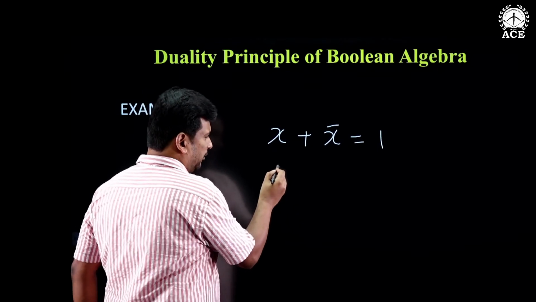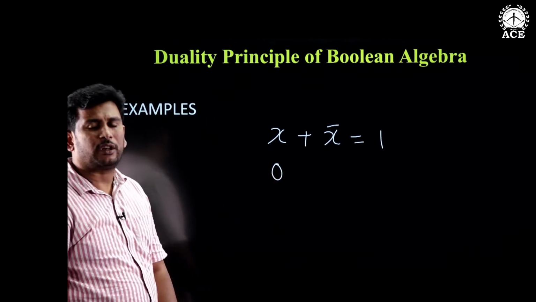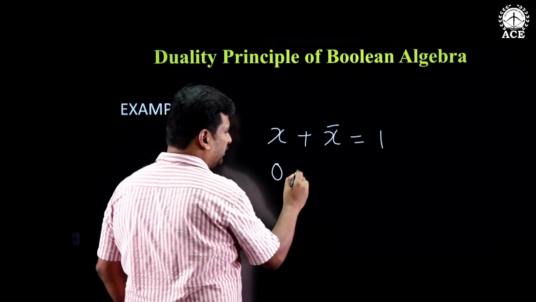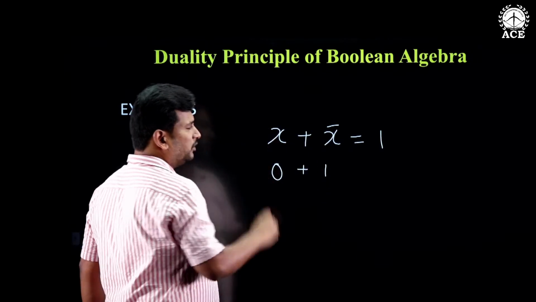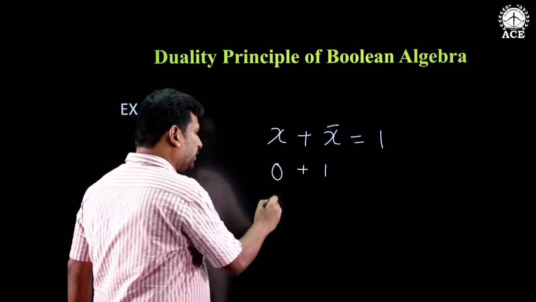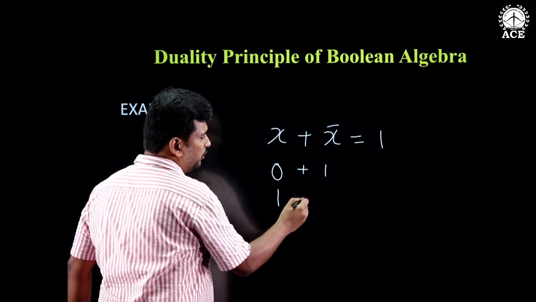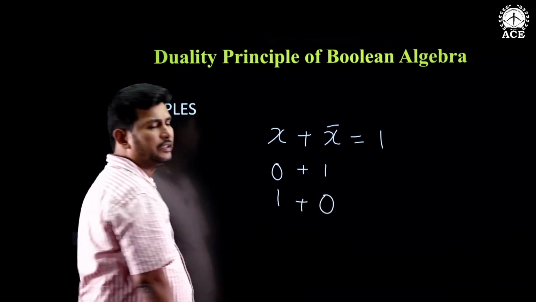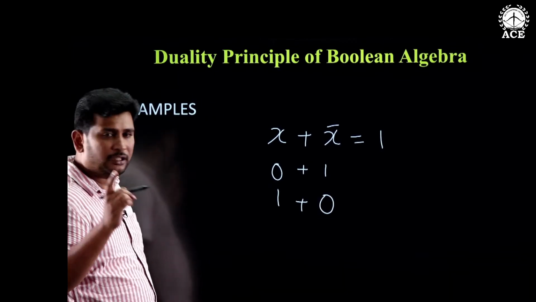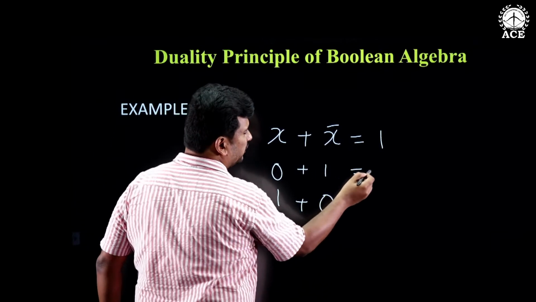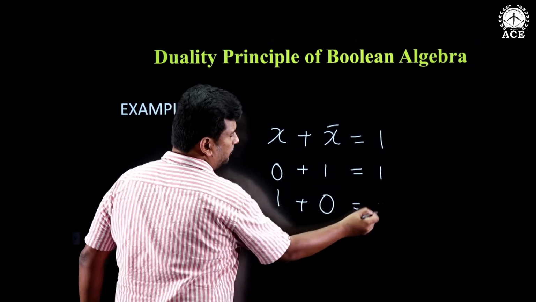If X equal to 0, what is X complement? It's simple, complement is the reverse of your X. In the same way, if X equal to 1, your X complement will be 0. In both cases, when at least one input is high, for the OR gate the output is equal to 1.